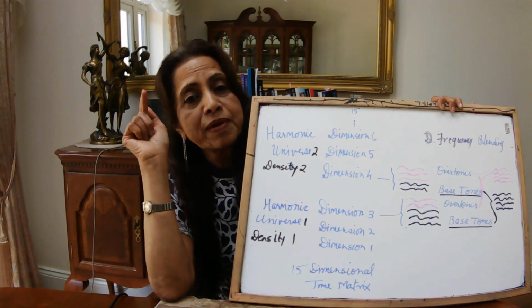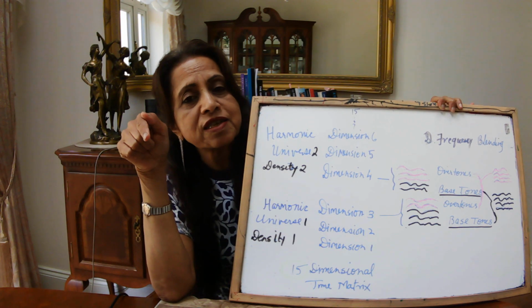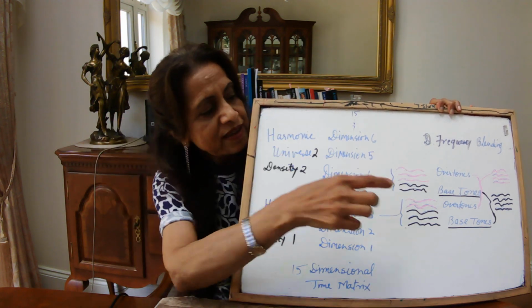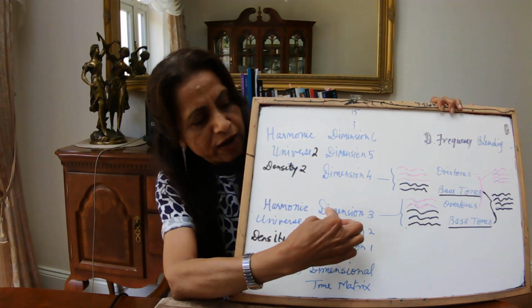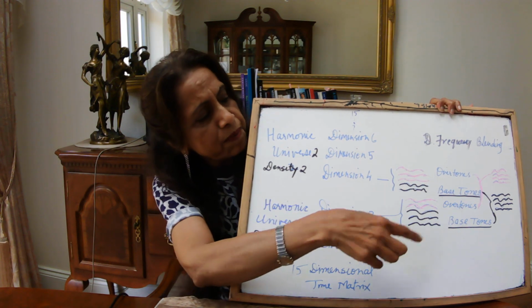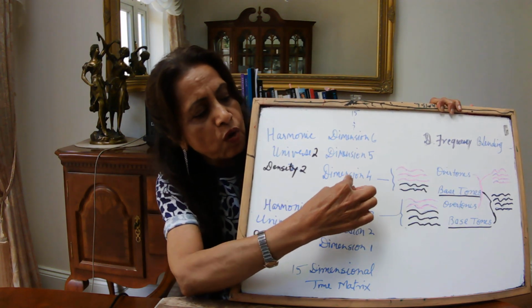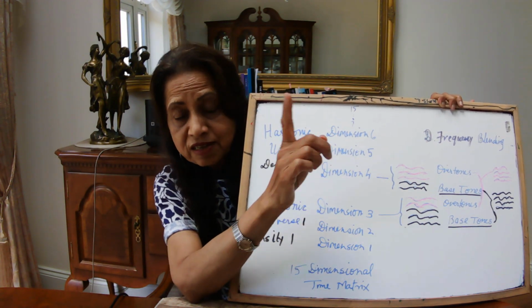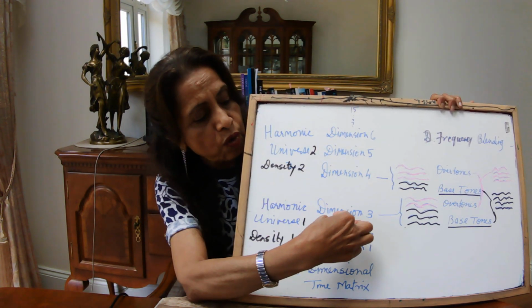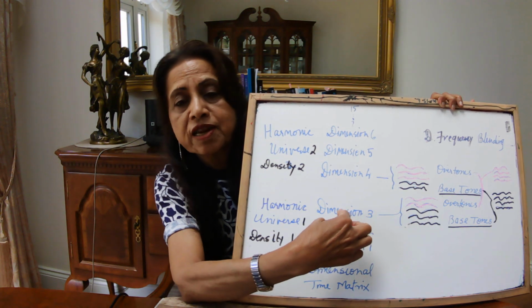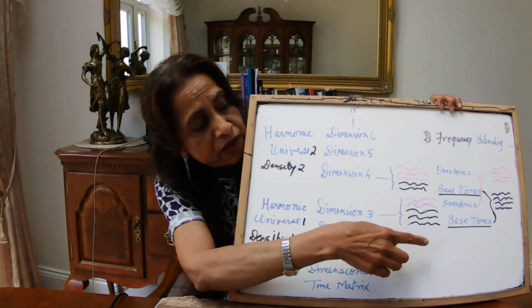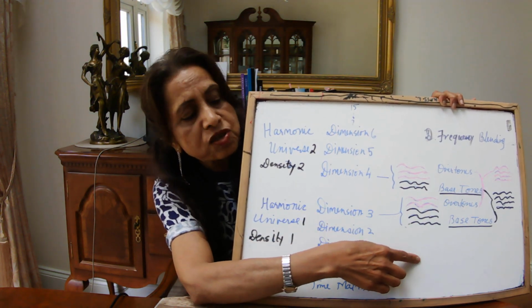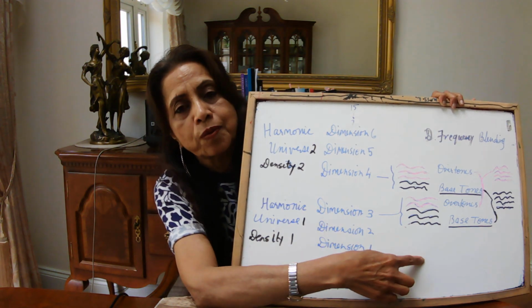During dimensional frequency blending, the bass tones of one dimension merge with the bass tone of the higher dimension, and similarly the bass tone of one dimension, say dimension 3, also merges with the bass tone of dimension 2.